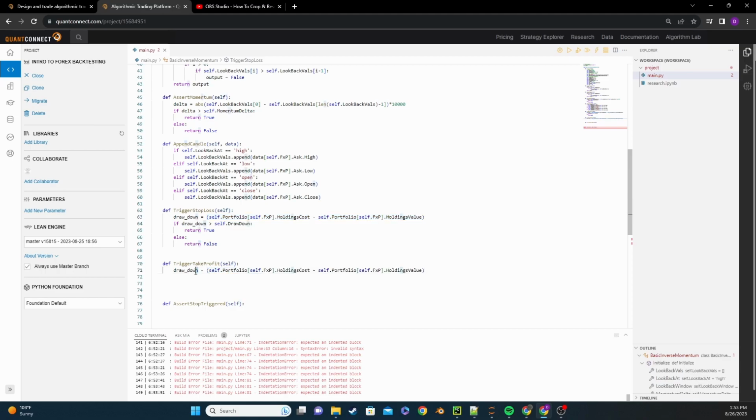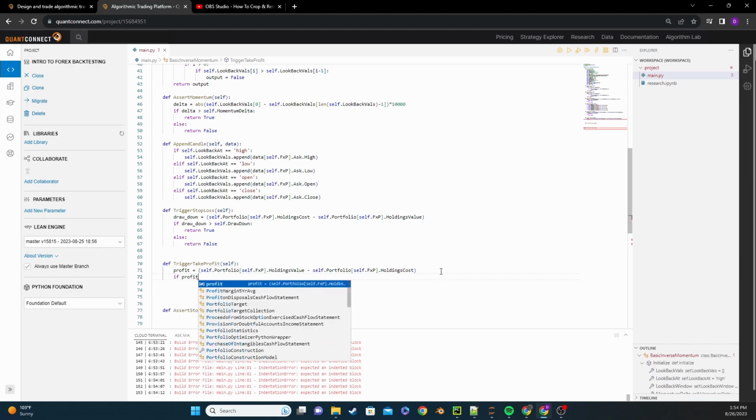Oh, this actually isn't drawdown. This is going to be profit. And here we do want to have it be the opposite, right? So we want this to be the value. We're just going to copy the word cost. We want this to be the cost. So if the value exceeds the cost by too much, that's our profit.